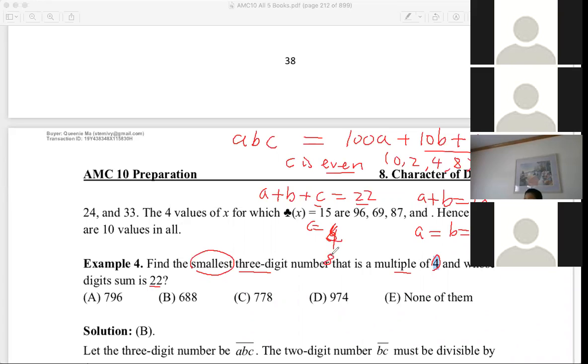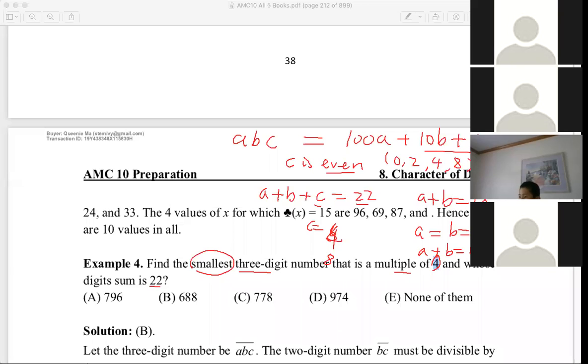When C equals 8, that means A plus B will equal 14, right? What numbers can we get here? You still need the last 2-digit number to be divisible by 4. If C equals 8, A can be 6, then B will be 8, then C is 8. This is one choice.